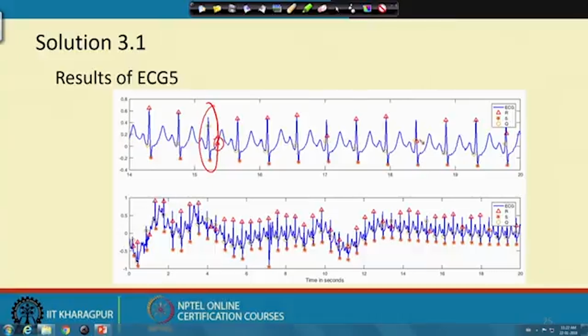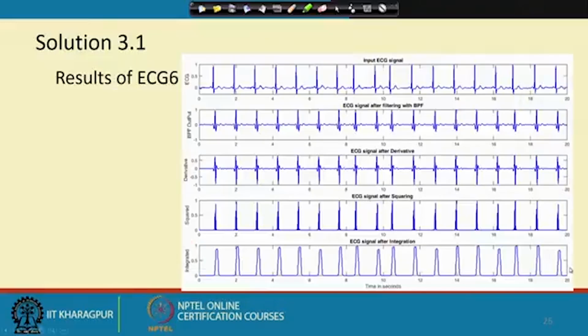Here is another place where an R is missed. Several such misses are there. So, for ECG 5, the Pan-Tompkins algorithm in this form could not give a very good result.